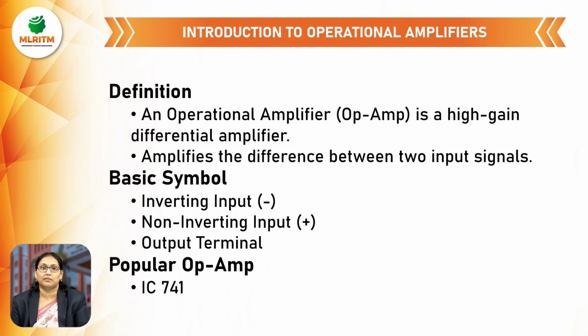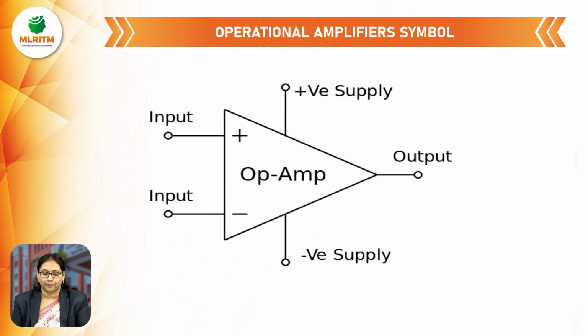The basic symbol for these amplifiers has an inverting input, a non-inverting input, and an output terminal. The popular operational amplifier is the IC741 Op-Amp. This is the operational amplifier symbol. Here we have the positive input terminal and the negative input terminal.